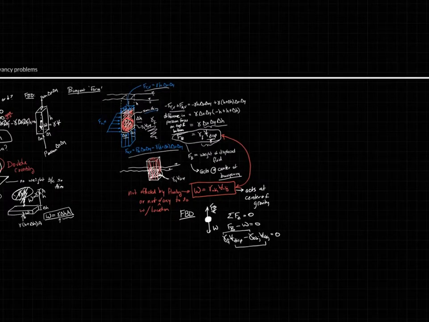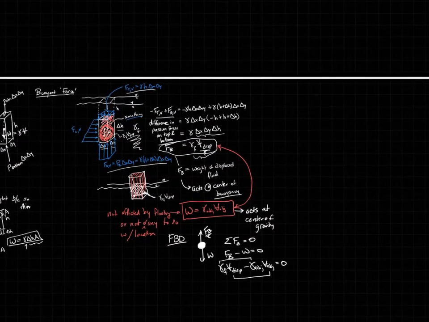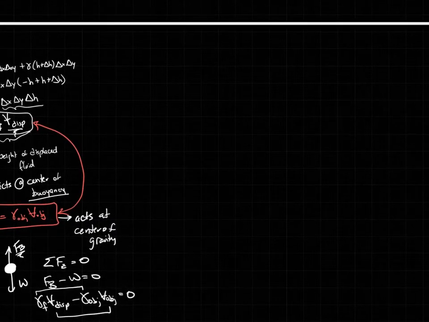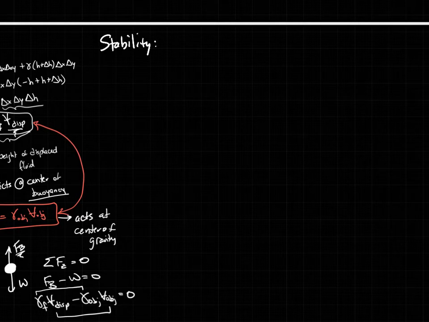All right, before I get into working a bunch of problems, we're 23 minutes in, so we're doing okay. But before I start working problems, I want to talk about stability. If you are a naval engineer, this is going to be really important to you.